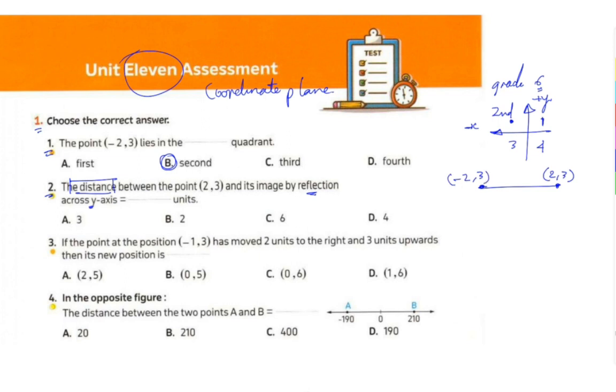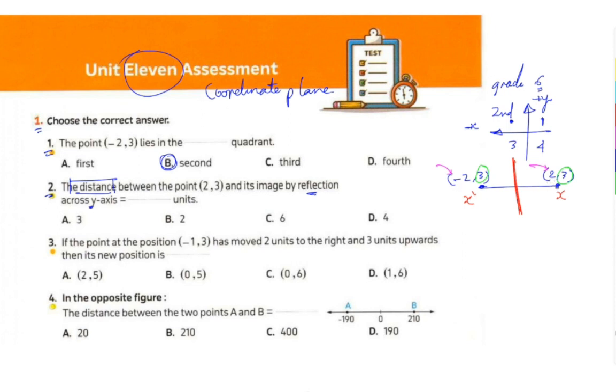So we can imagine now that this is y-axis and we have the first point x and its image x dash. Now I need to find the distance. We have the same y value, so we will look for x value. We have here +2 and -2.